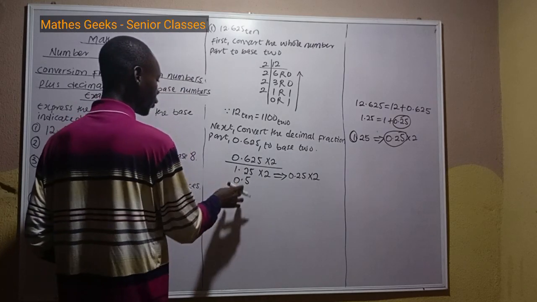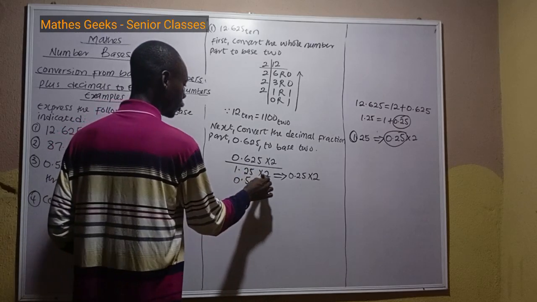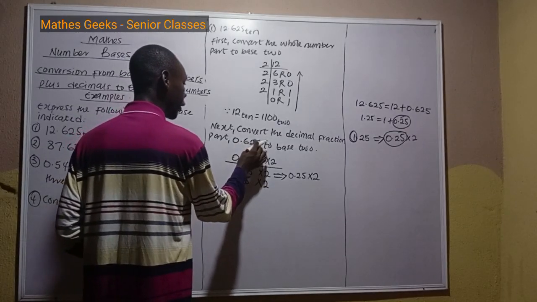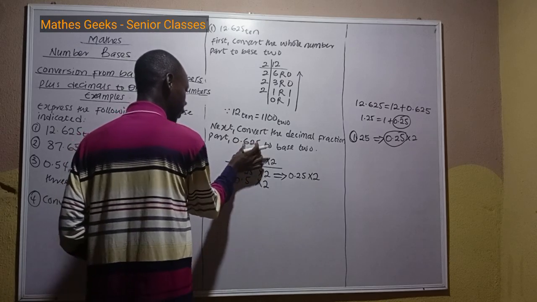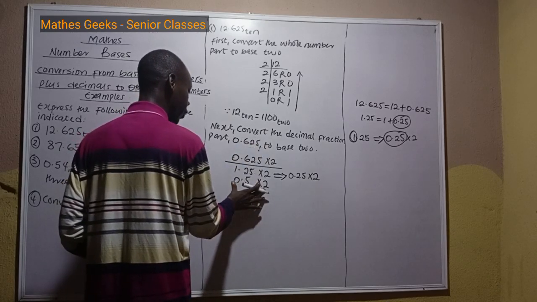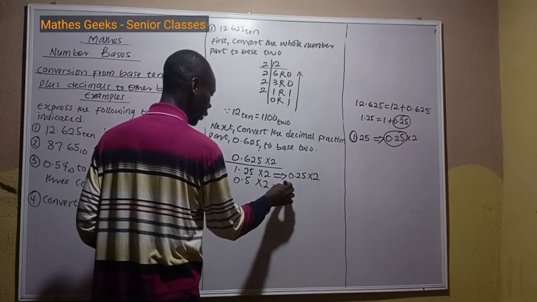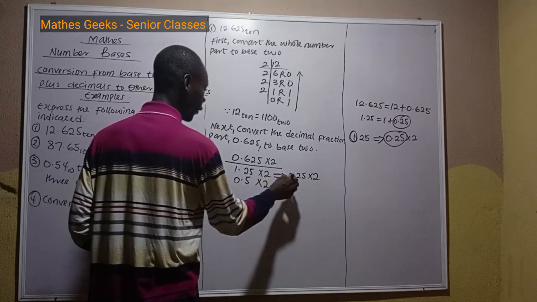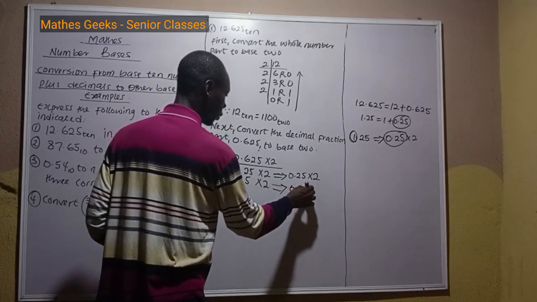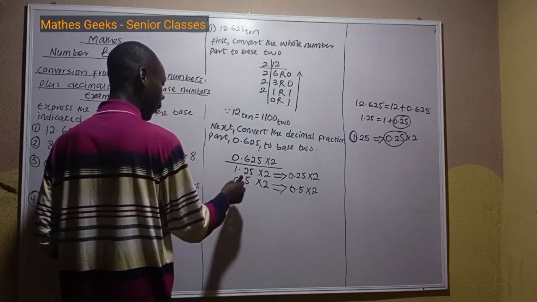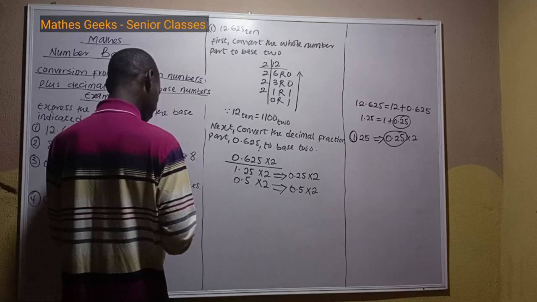And remember, take note also, we are going to do this multiplication repeatedly according to the number of decimal places we have here. We have 3 decimal places here, so we're going to do this multiplication 3 times. So this is the second multiplication. And since we have 0.5 here, we don't need to split, just 0.5 times 2. So we're going to the third round: 0.5 times 2.